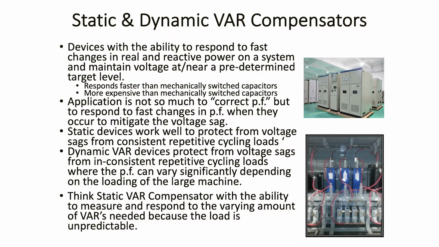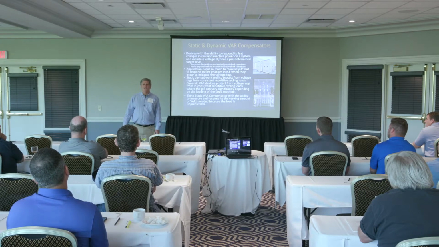So the static VAR compensator works really well if that load that's cyclic on and off is always the same. The dynamic device is even more expensive, and that becomes important if the car crusher is crushing a really flimsy vehicle and then a 68 Lincoln Continental is the next vehicle. What happens to the voltage drop on the system when they're crushing each of those cars?